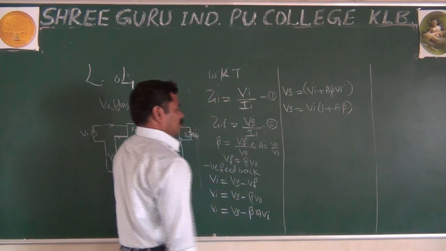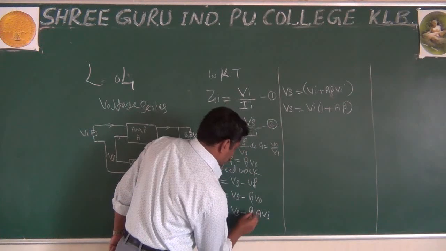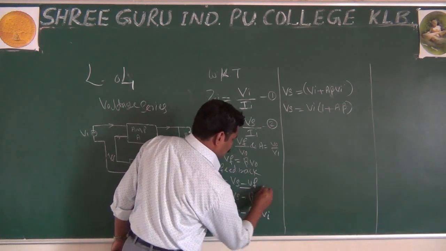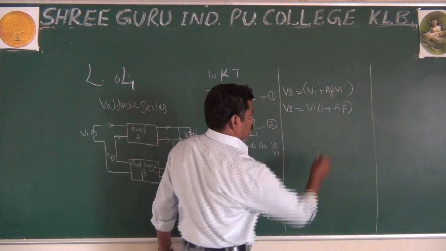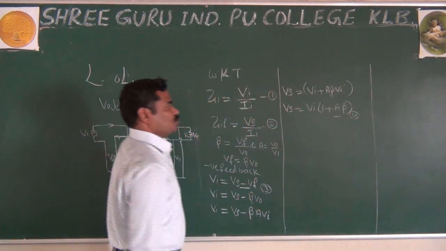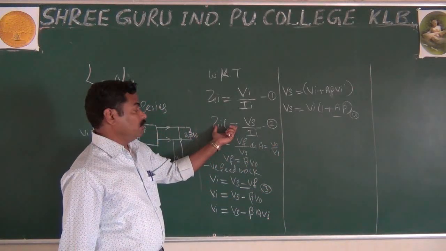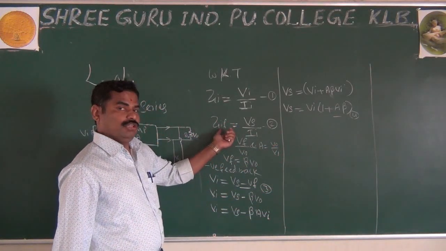Now it may be equation number 3, it may be equation number 4. Now substitute equation 4 in equation 2, because we want the input impedance with feedback.